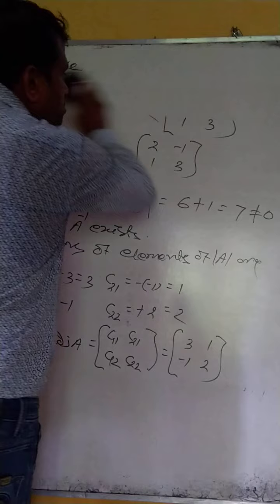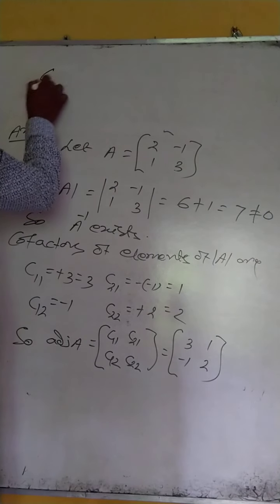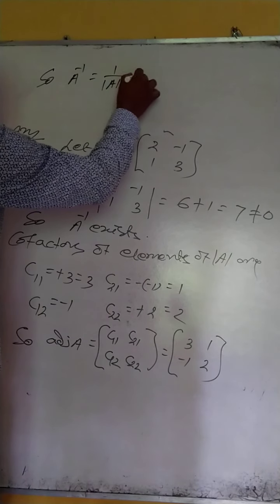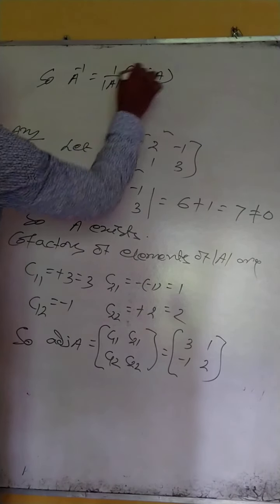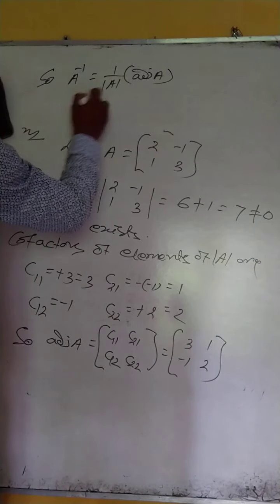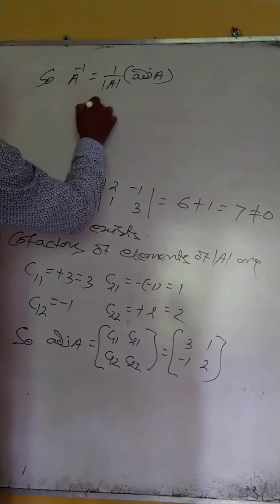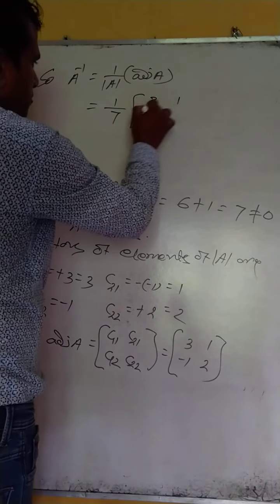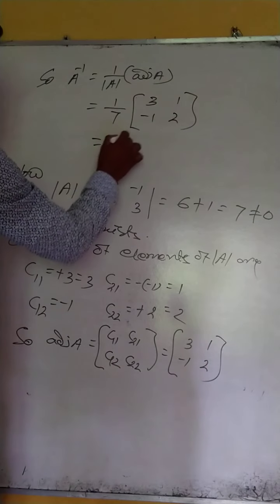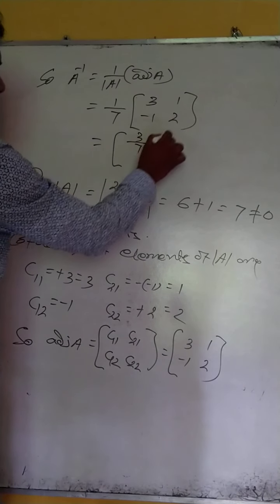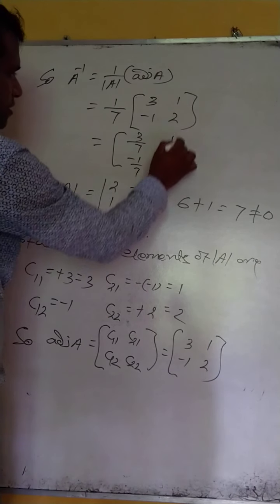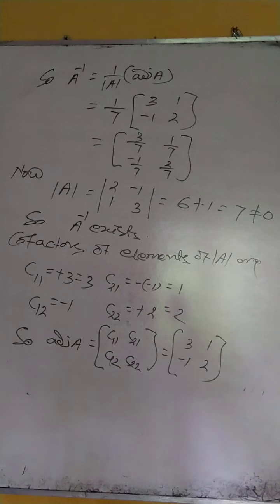So A inverse is equal to 1 by determinant A into adjoint A, which equals 1 by 7 into 3 1, minus 1 2, that equals 3 by 7, 1 by 7, minus 1 by 7, 2 by 7. This is the inverse of the matrix A.